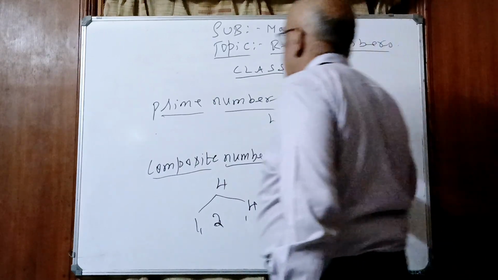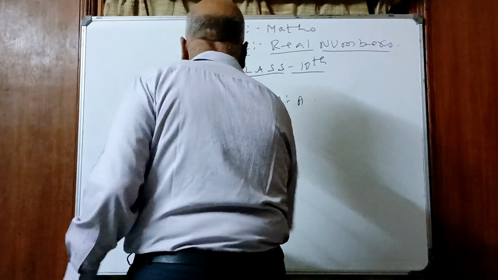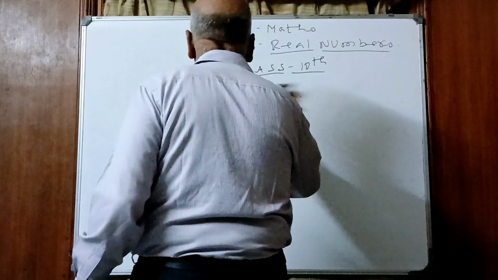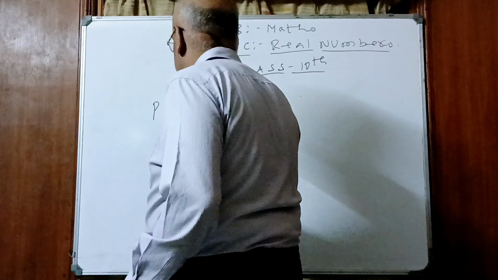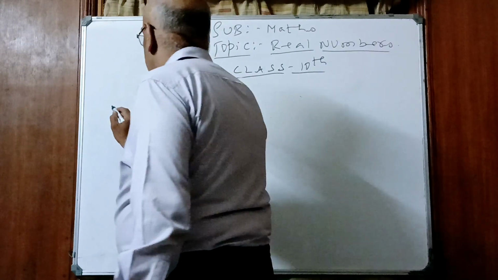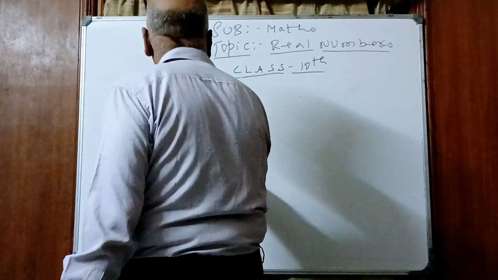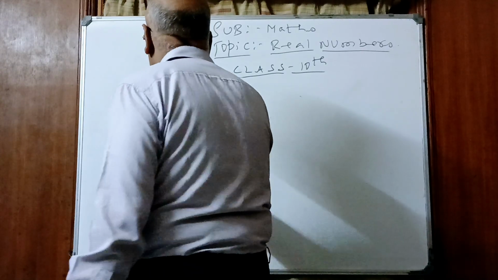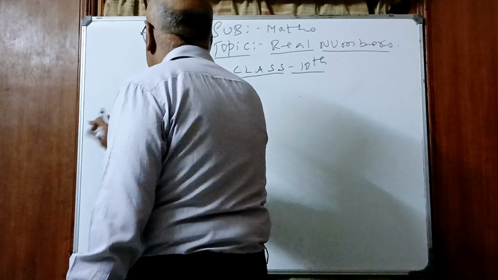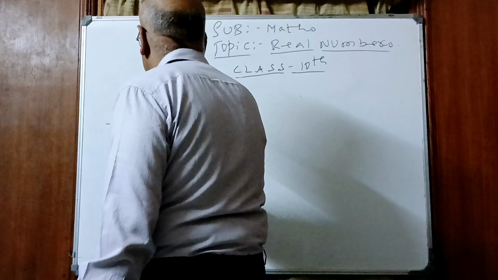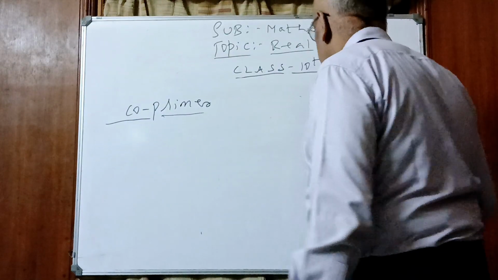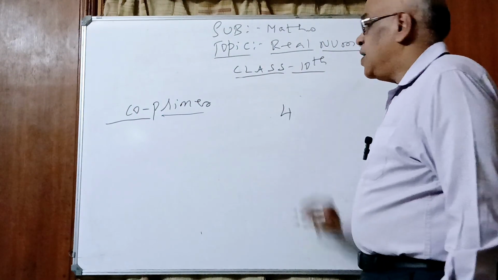Then we'll go to co-primes. Another term you should be familiar with. Co-primes. What are co-primes, children? See, for example, we saw 4. Is 4 a prime number?